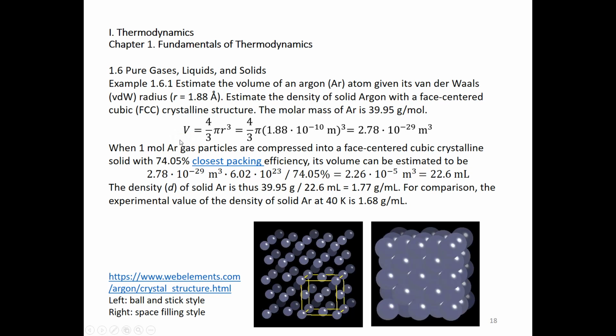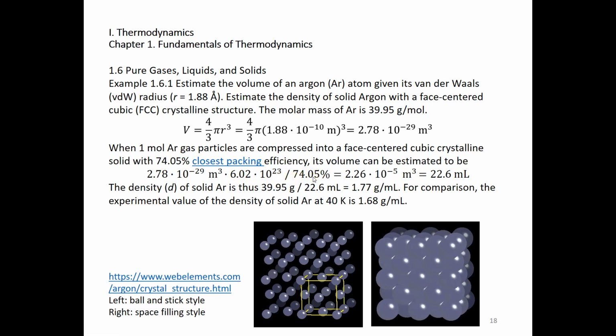Now if we imagine compressing 1 mole argon gas particles into the solid phase with a face-centered cubic crystalline structure with 74% closest packing efficiency, then we can calculate the volume. So first we have the volume of one argon atom, which is a sphere, multiplied by the Avogadro constant, and then divided by the packing efficiency.